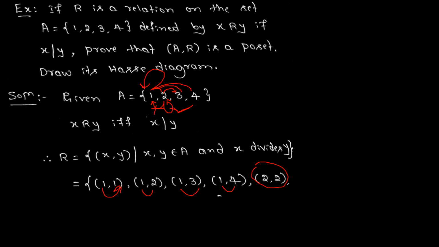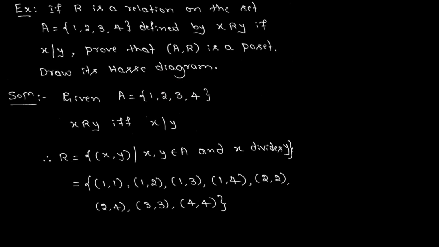So we cannot take 2 comma 3. And 2 divides 4 because 4 is a multiple of 2. So I can take 2 comma 4 in the relation.